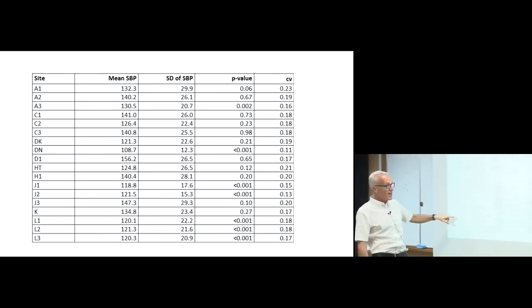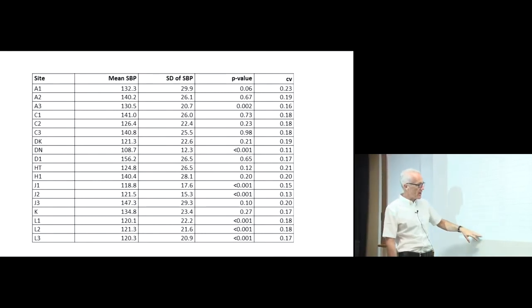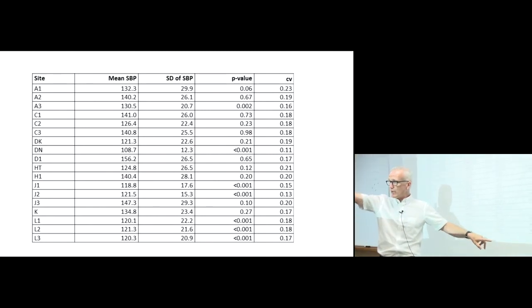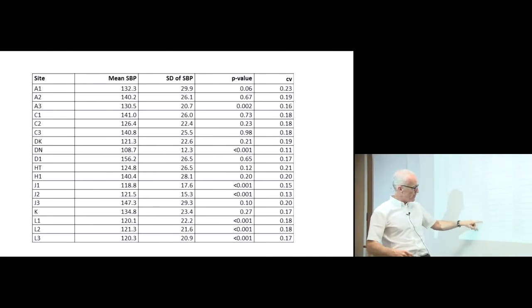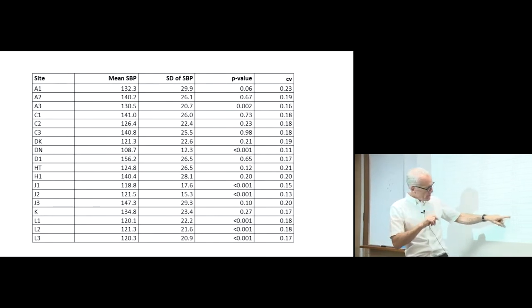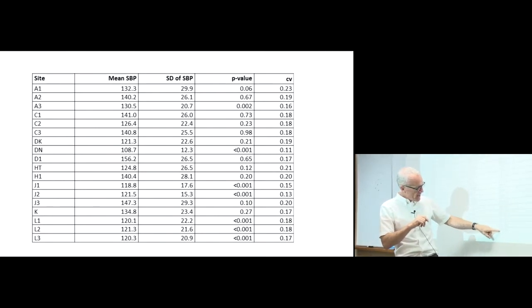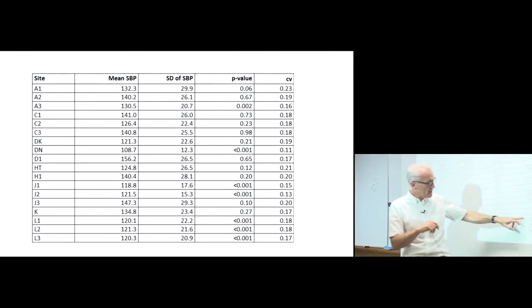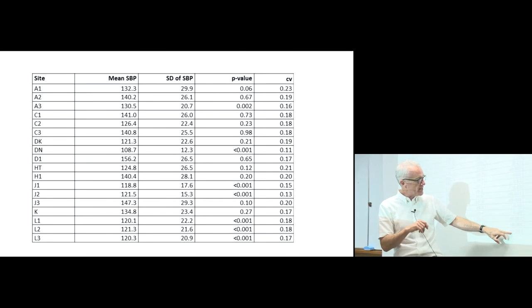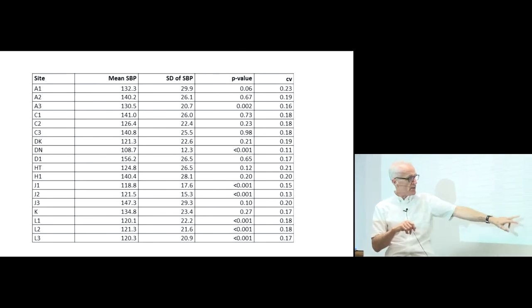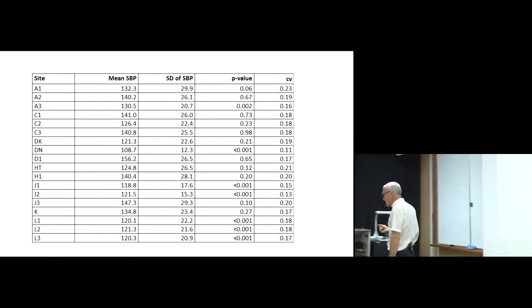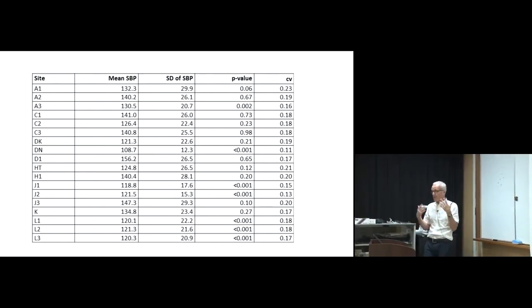L1, L2, and L3 also come out as having very low variability. So you spotted those because you thought these were so similar. Levene's test is highly significant, and the coefficient of variation is on the low side. So we've identified which hospitals we want to have a closer look at.